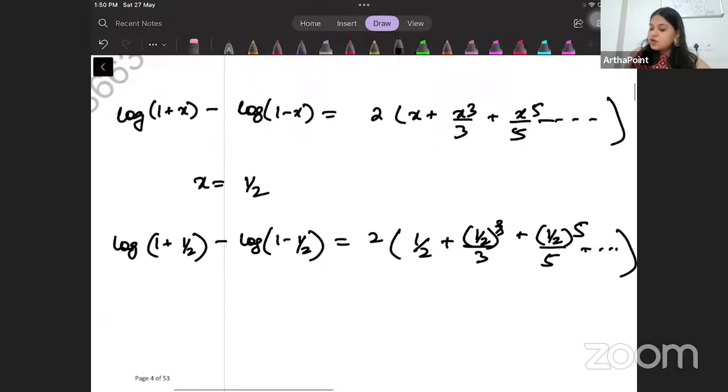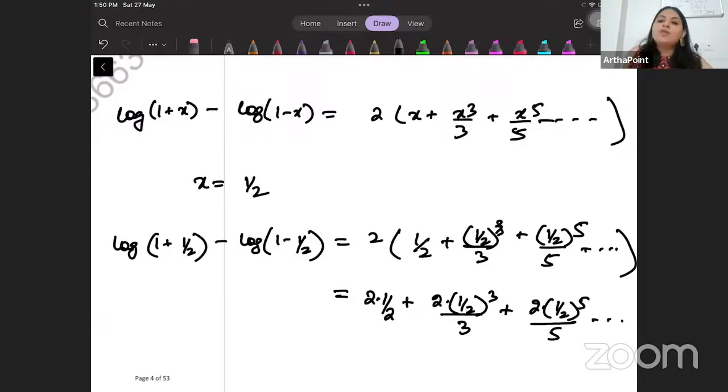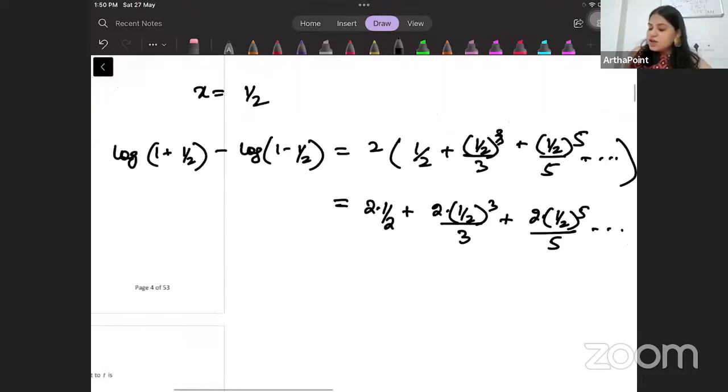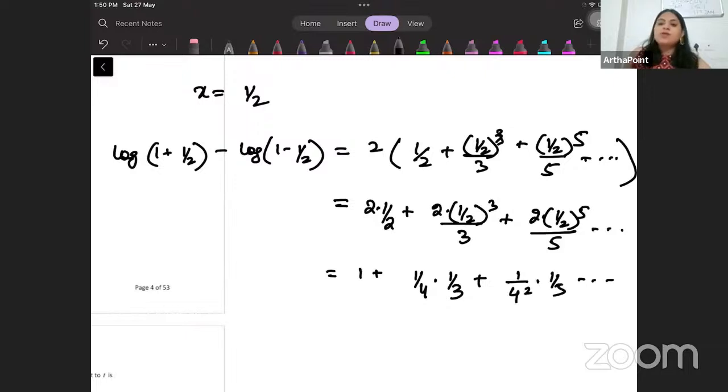So if you start solving this, this will be 2 into half plus 2 into 1 by 2 cube by 3 plus 2 into 1 by 2 to the power 5 by 5 and so on. So beta, this side you will get 1 plus 1 by 2 square, which is 1 by 4, into 1 by 3 plus 1 by 2 to the power 4, which will be 1 by 4 square, into 1 by 5 and so on.